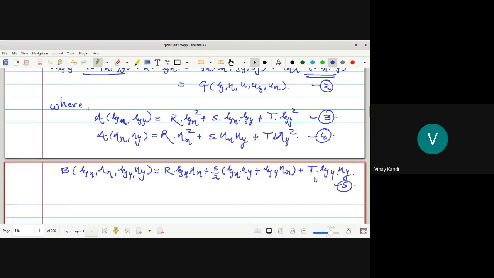Give it as equation number 5. This is the value of all the three functions.